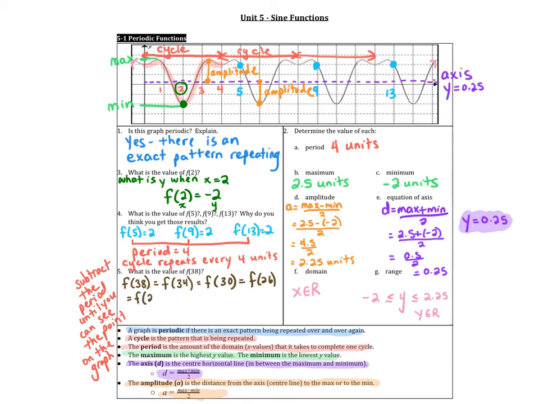So the next would be f of 22. The next one would be f of 18. And the next one would be f of 14. So 14 we would be able to see on the graph. There's 14. So the point here, this is f of 14, which would be the same as f of 38. So that value is equal to -2.